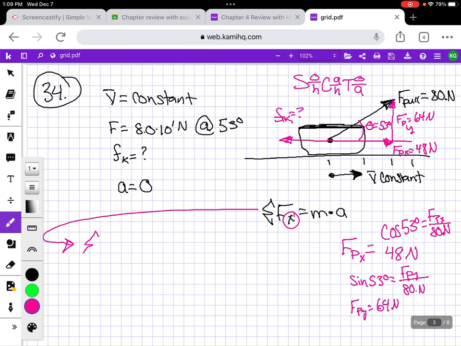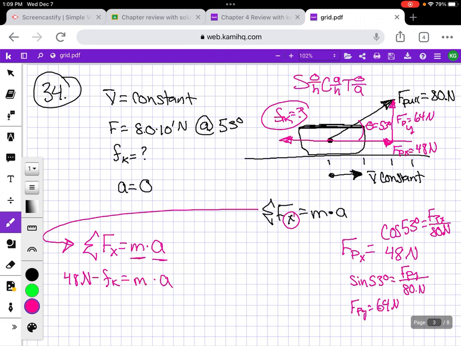The summation of forces in the x is equal to mass times acceleration. So I'm going to have my force pull in the x, which is 48 newtons, minus, or you can add a negative, because friction is going the opposite direction, this frictional force is equal to my mass times acceleration.